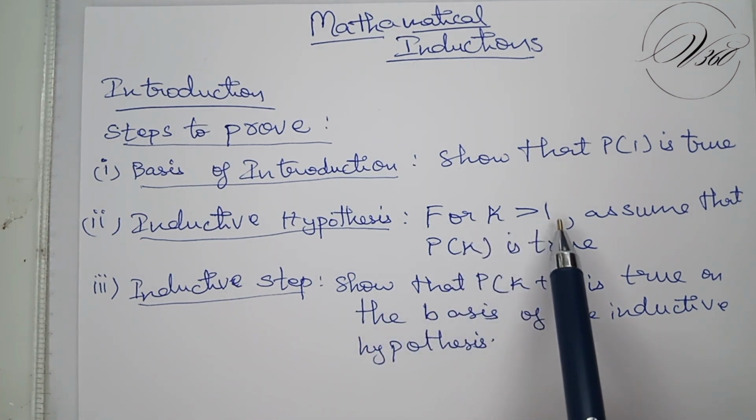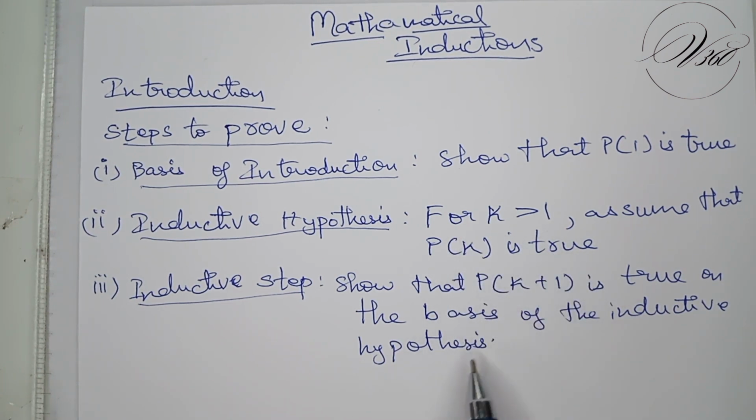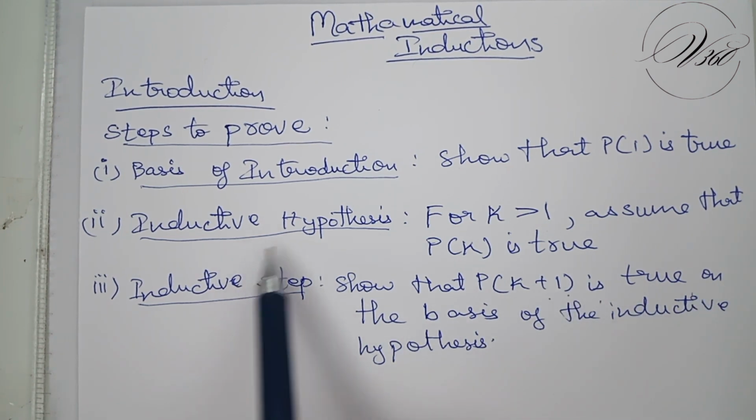For k is greater than 1, assume that P of k is true. On this we should make P of k plus 1 true on the basis of this one. Okay, now we have completed the introduction. We'll get into the problems.